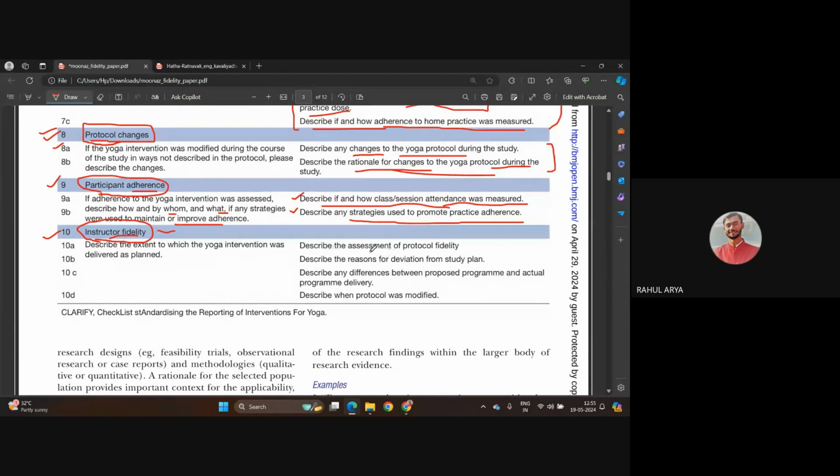He's telling, describe the assessment of the protocol, how and when you measure the data, because the individual measurement happens and it affects the load. For example, you are measuring GSR, EEG or ECG. These kinds of assessments you cannot measure in groups.